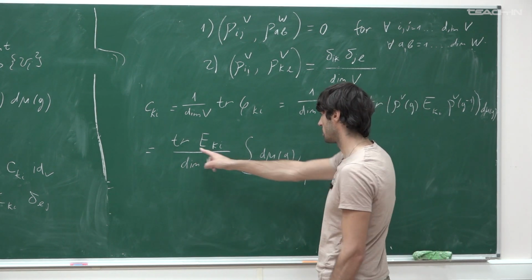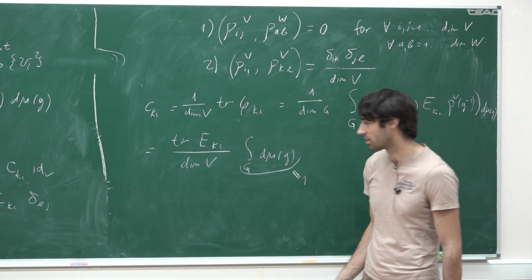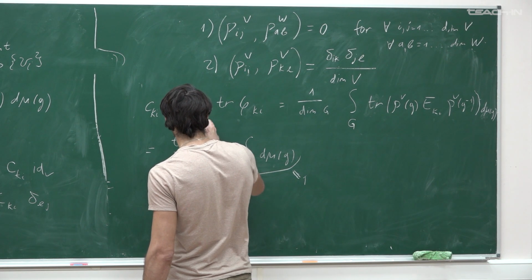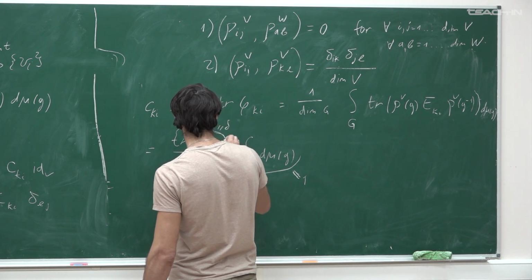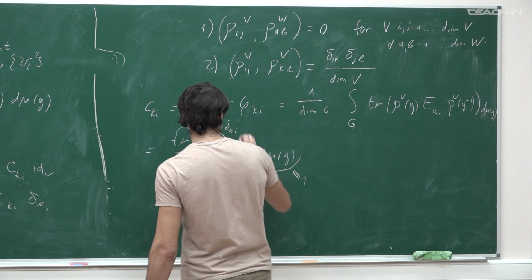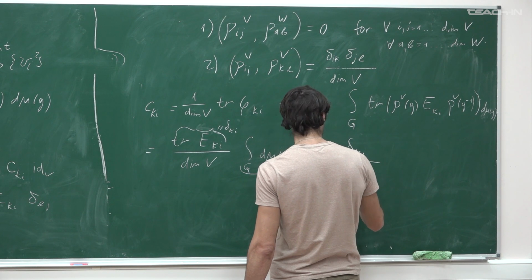So this is, but what is the trace of e_ki? Delta_ki. So we have that this is delta_ki over dimension of V.